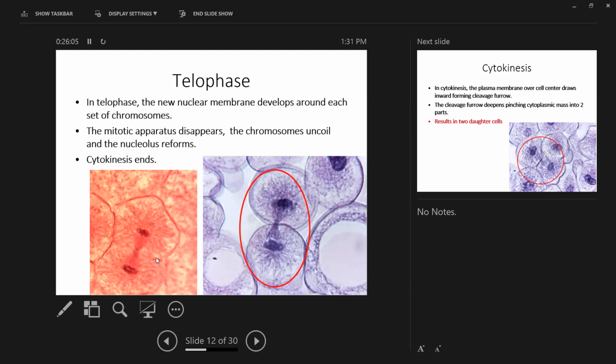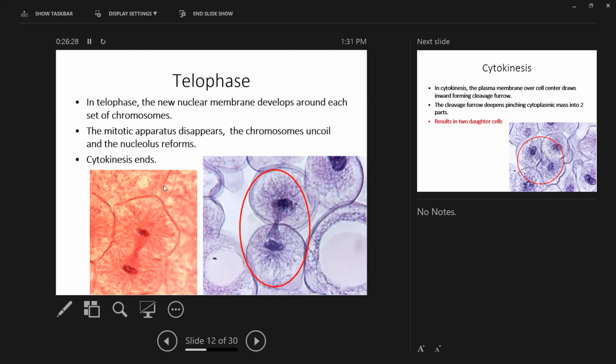They begin to unwind. Pretty soon they've unwound completely. A nuclear membrane on each one of them reforms. A nucleus reappears, and pretty soon you have two brand new daughter cells that are now physically separated, or practically physically separated here.